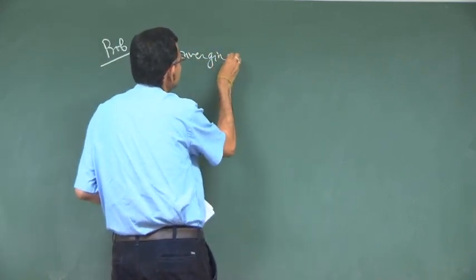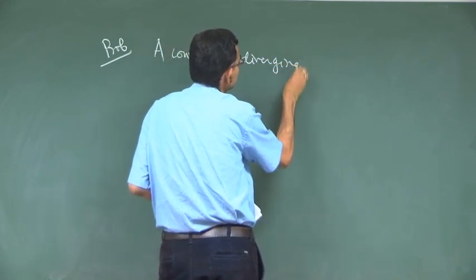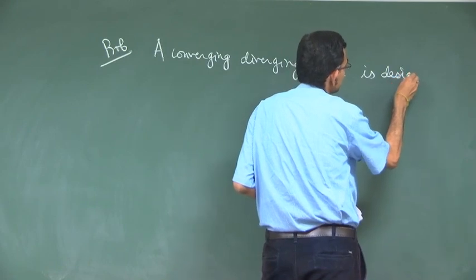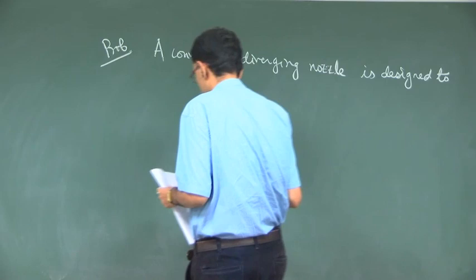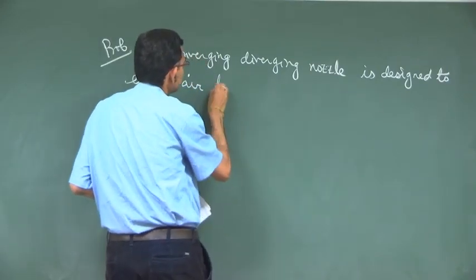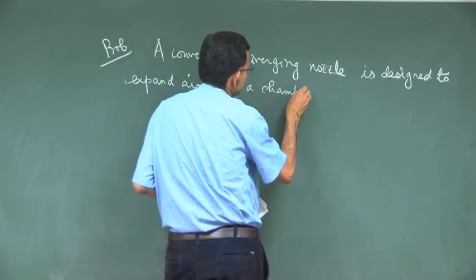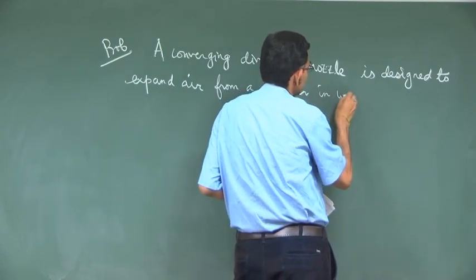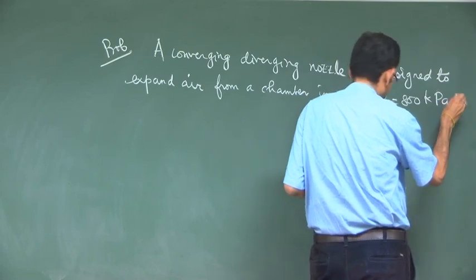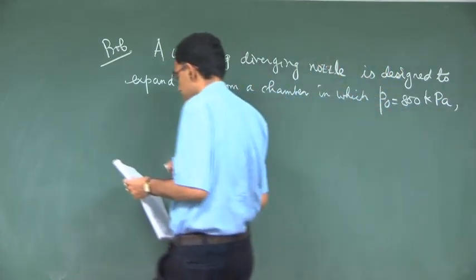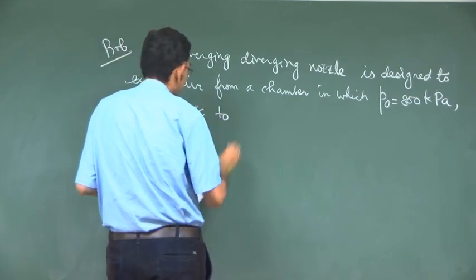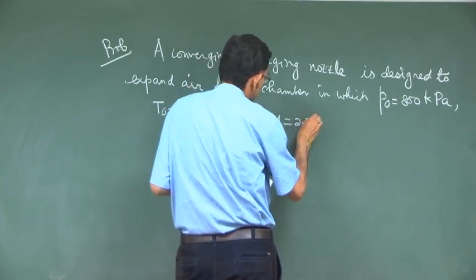A converging diverging nozzle is designed to expand air from a chamber in which P0 is 800 kilopascal, T0 is 40 degrees centigrade to give M is equal to 2.7 at the exit.